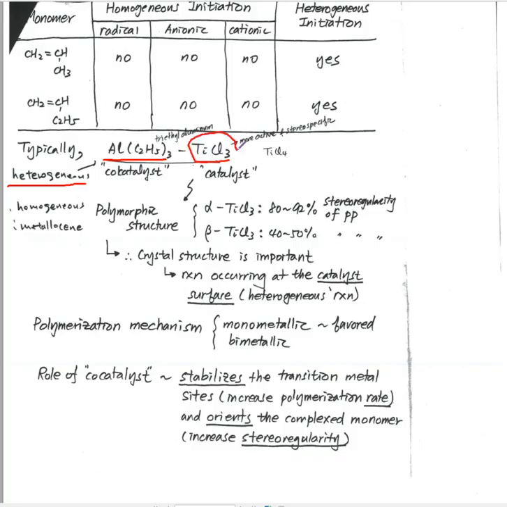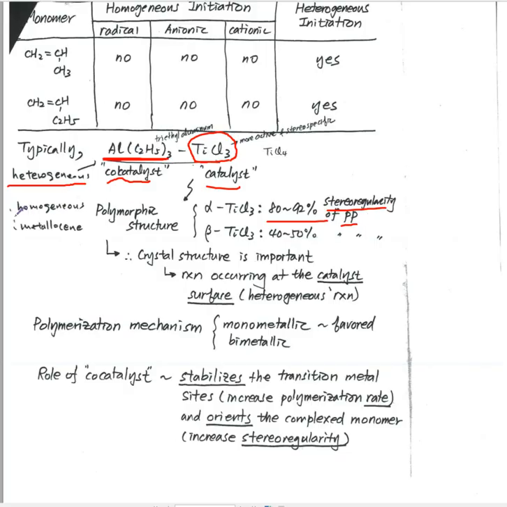This is the catalyst, titanium chloride, and this triethyl aluminum is the co-catalyst, which is used in combination with this catalyst. And by using these catalysts, they could generate really high stereoregularity of polypropylene.